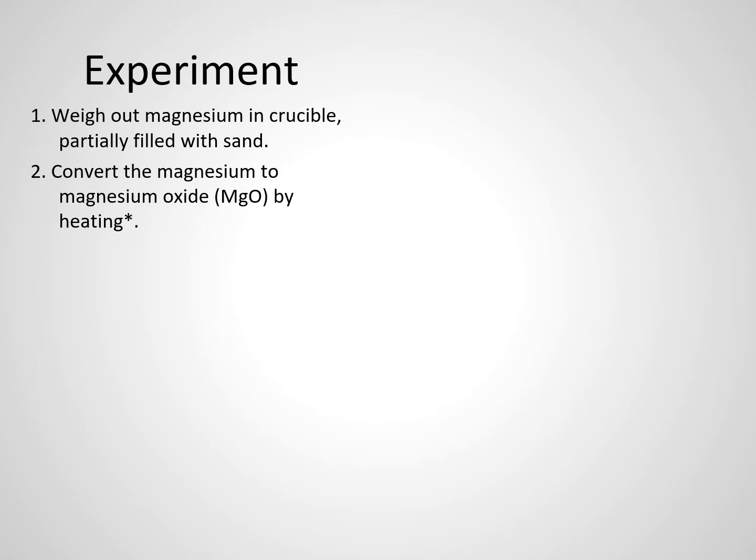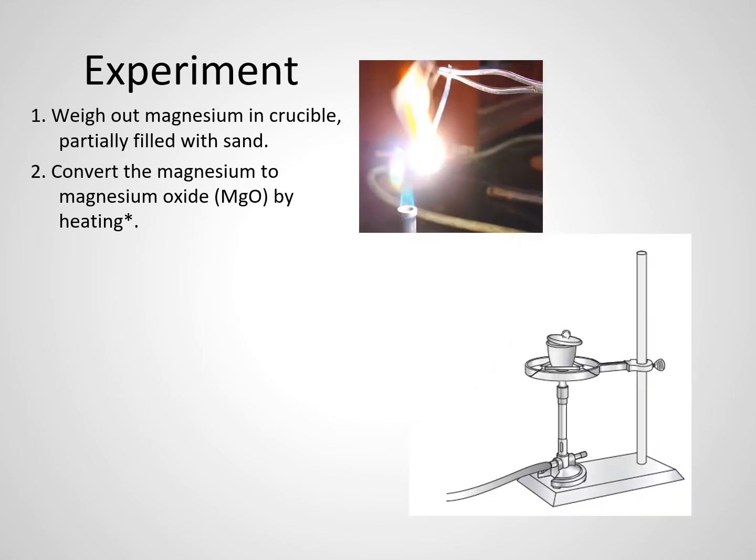We're going to use a very high heat to heat this magnesium because we want to convert it all to magnesium oxide. And you'll notice in this picture too that the lid of the crucible is not fully closed, but it is covering most of the top of the crucible. And this is because magnesium actually is very reactive when you heat it in the presence of air.